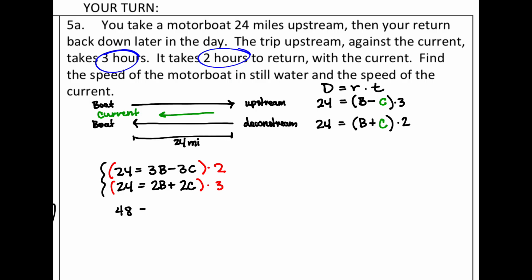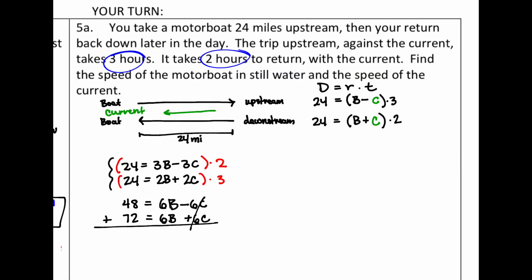So we end up with 48 is equal to, whoops, not 3B anymore, 6B minus 6C. And on the bottom, we get 72 is equal to 6B plus 6C. Add those up right now because the C's canceled, and that's what we wanted, right?